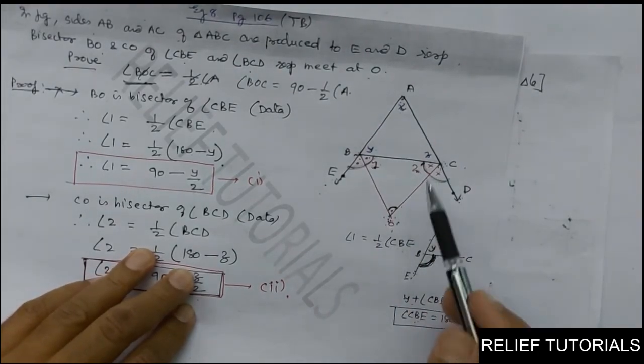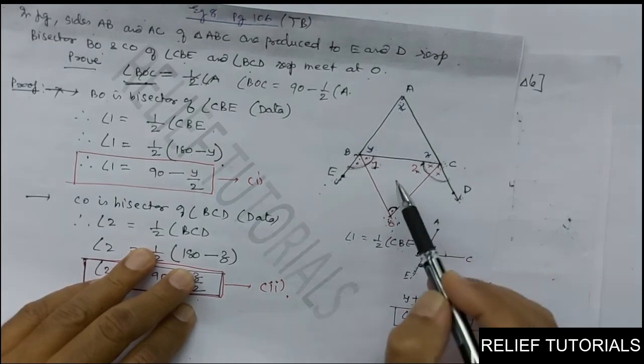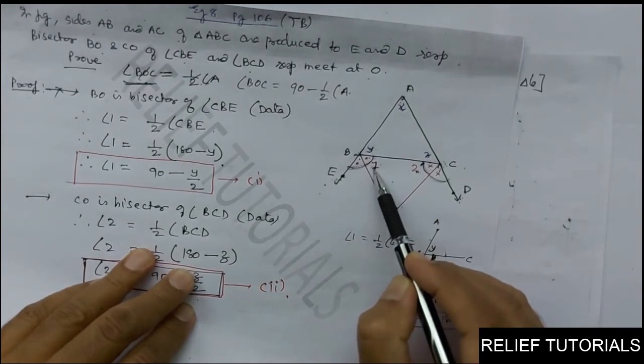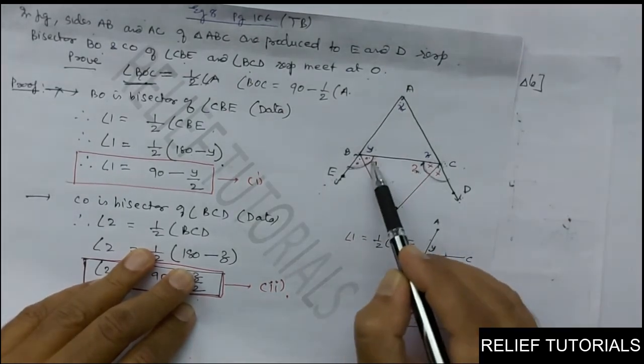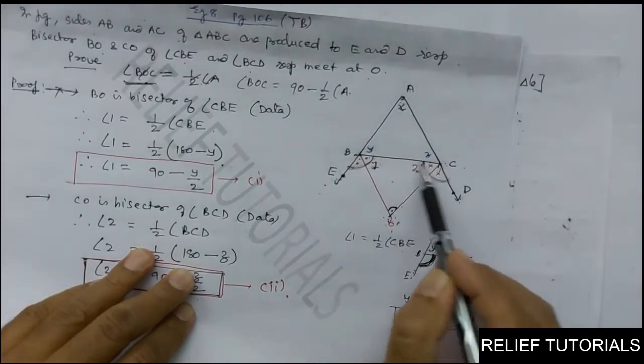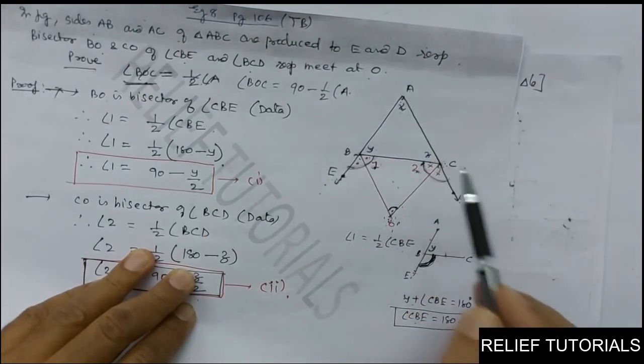So I have used the angle sum property in triangle BOC. Now I will use the same angle sum property in triangle ABC. First you have to find the value of 1, then the value of 2, then apply the angle sum property in BOC, then apply it in ABC.